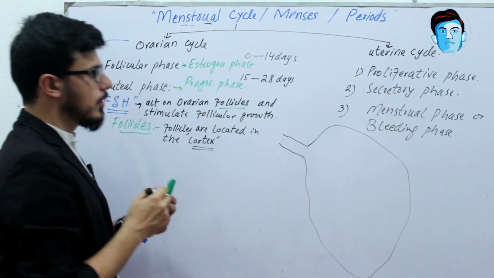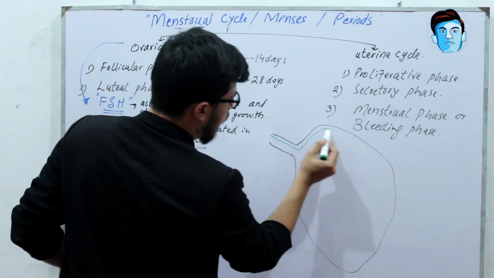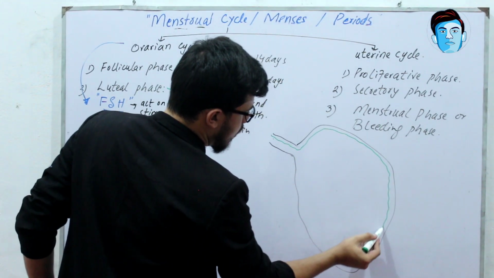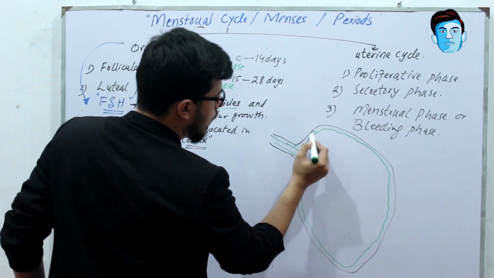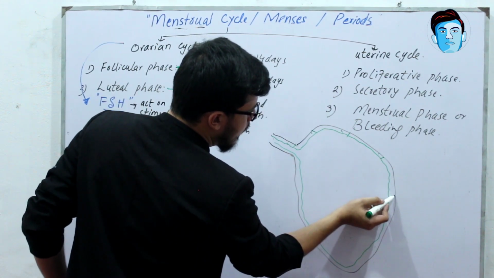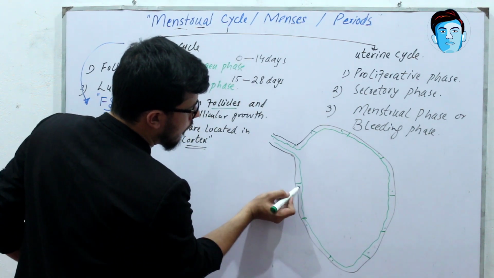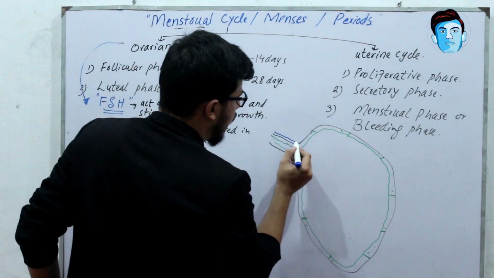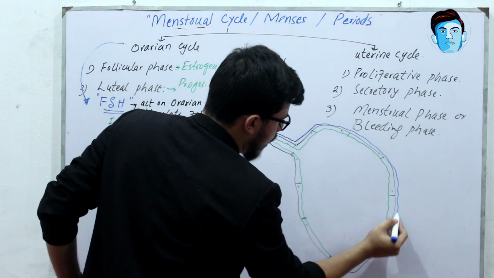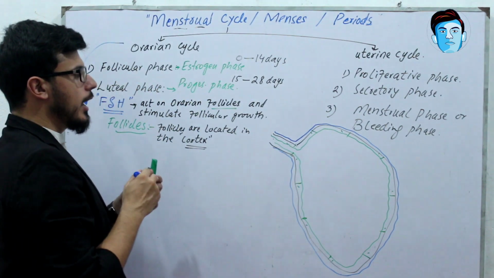This is the hilum of the ovary, and there is a layer in the ovary called the germinal epithelial layer. This germinal epithelial layer consists of a single layer of cuboidal cells. There is another layer on the ovary as well, called the visceroperitoneal layer.